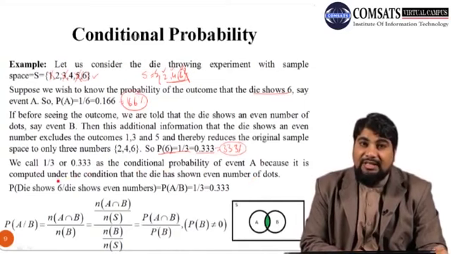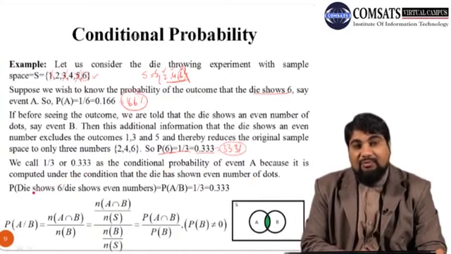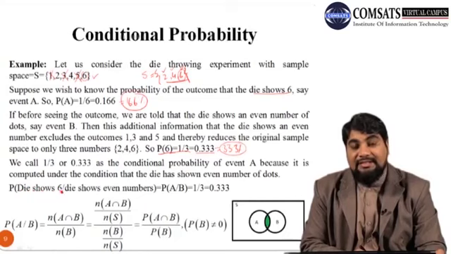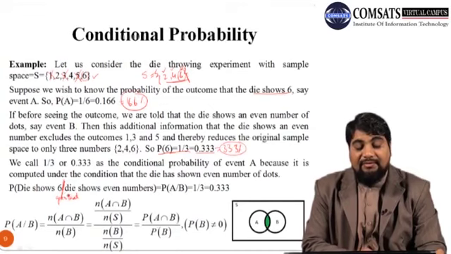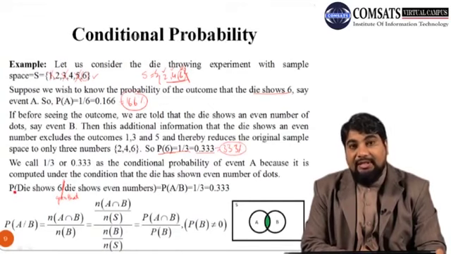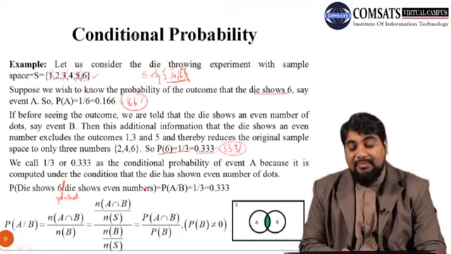Symbolically we can write it as the probability that the die shows a 6, conditional on, this slash is used for the condition, or it is also called given that, the die shows an even number.